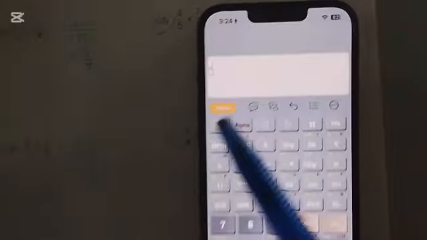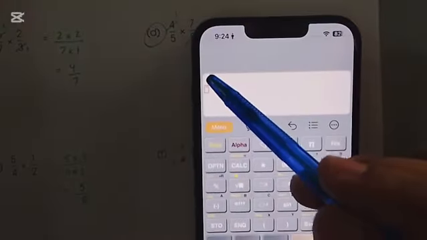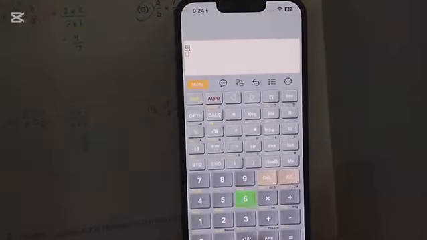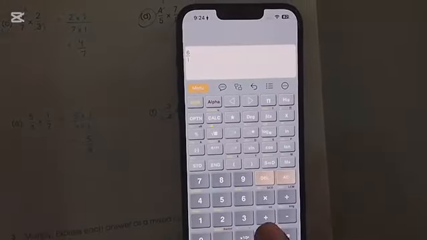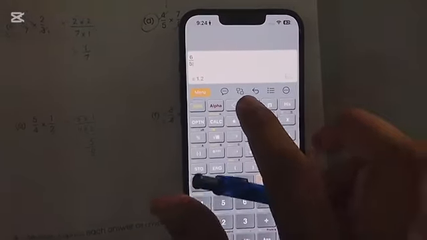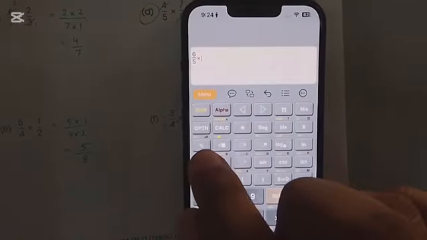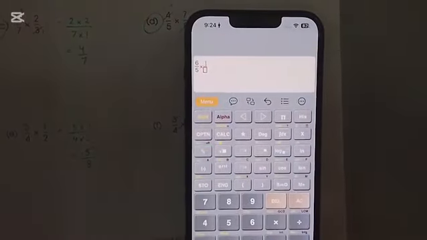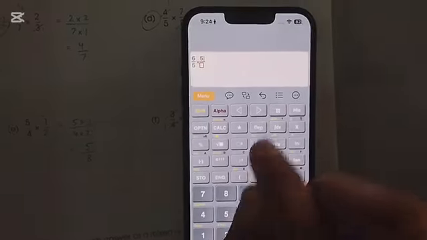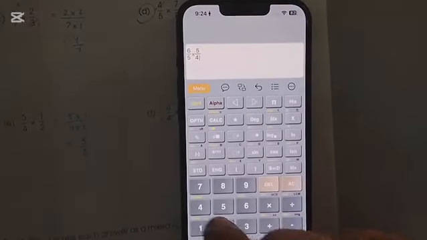In the question we have 6 over 5 multiply 5 over 4. So we are going to write 6 over 5, then multiply, then again another fraction, 5 over 4.